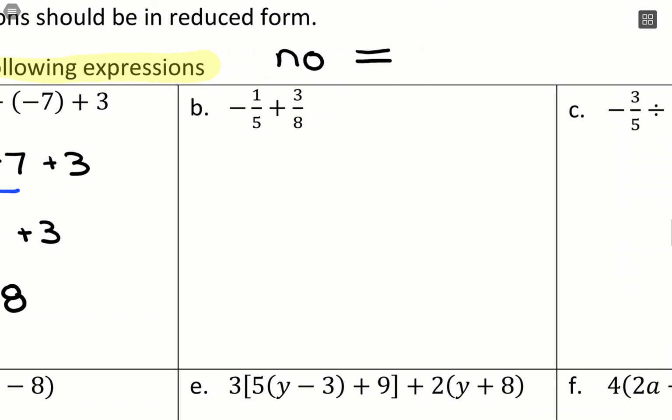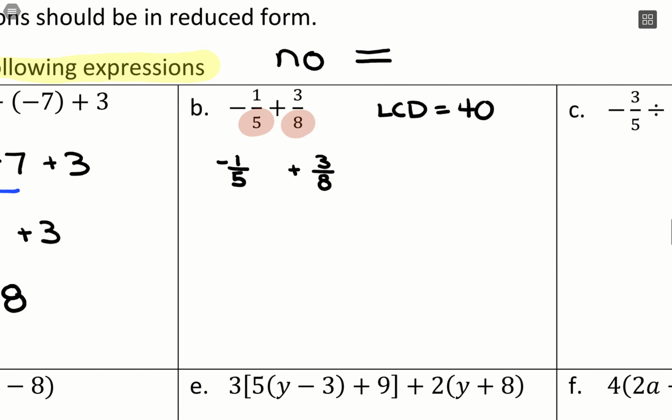All right, with part B, we're adding fractions here. So we need common denominators. If we think about the least common denominator between these two, a number that they can both multiply up to, I think 40 is going to be our least common denominator here. So we want to adjust this -1/5 and this 3/8 so that they have the same denominator.